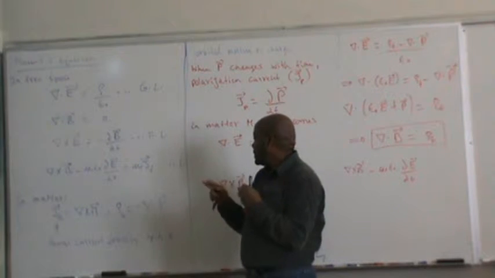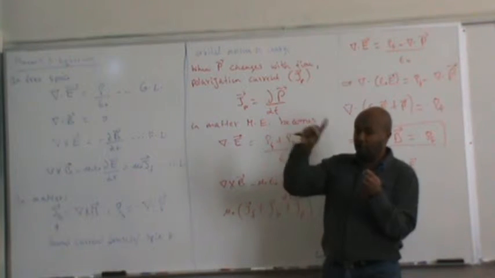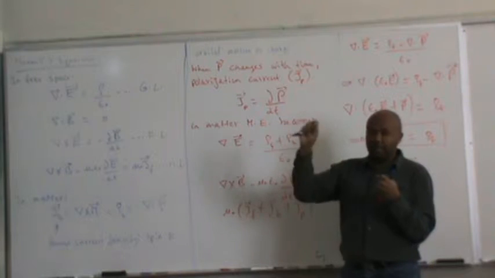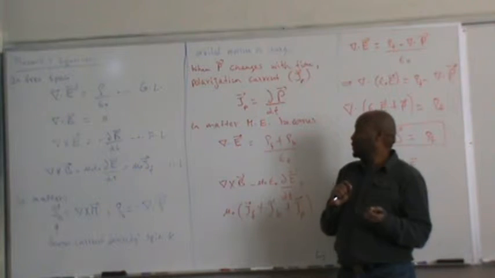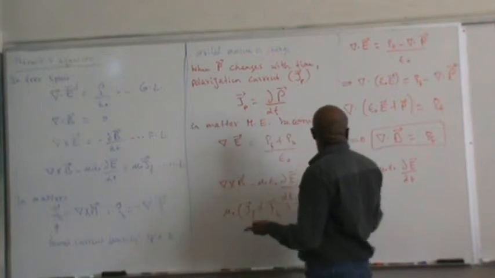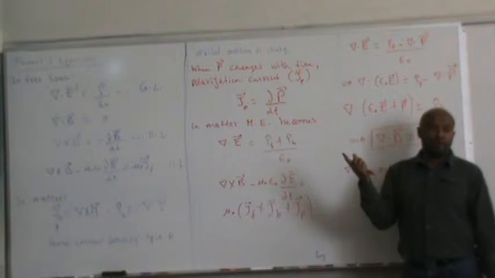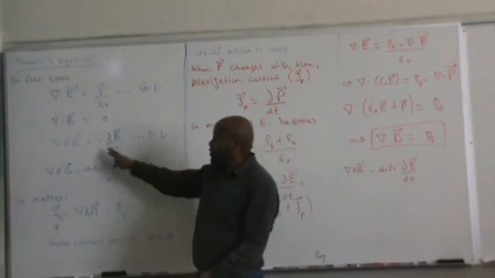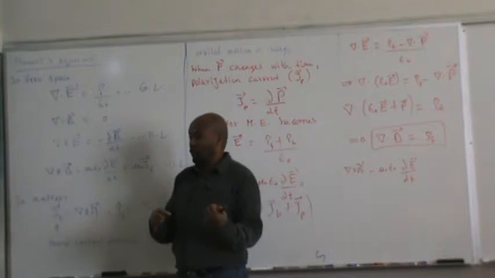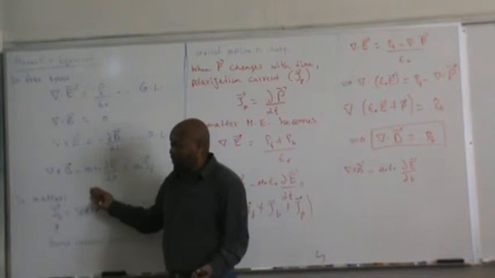And the polarization current is the actual movement, still while they are bound to the nucleus, but a small displacement from their equilibrium position is the one that generates the polarization current. So all these three involve a real charge. But this one, even if we call it a displacement current, doesn't really involve charge. It's a result of the electric field. So that's why we put it in this term instead of on this side.